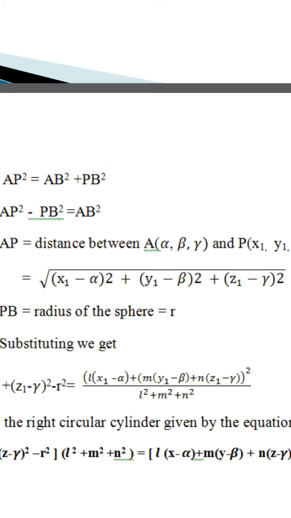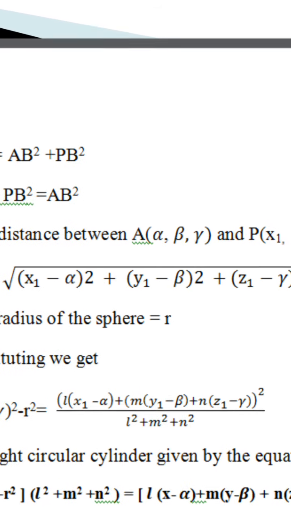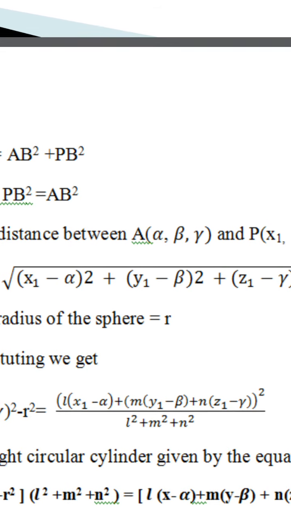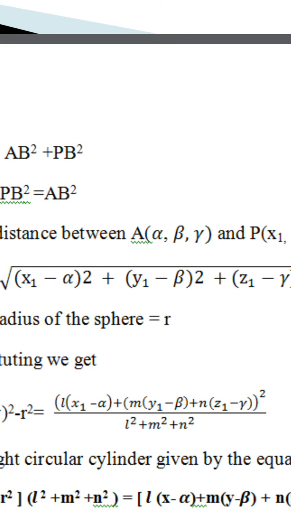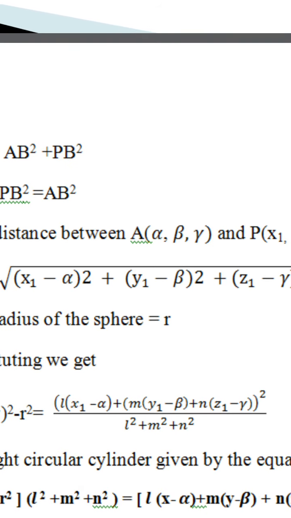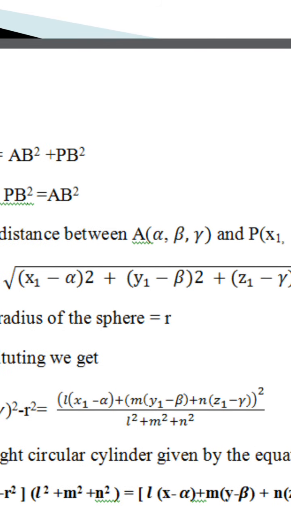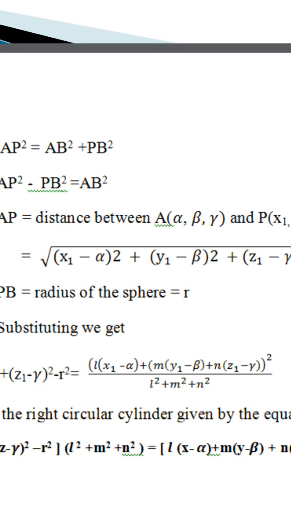If (x1, y1, z1) and (x2, y2, z2) are any two points, then the distance between them is calculated by the formula root of (x2 minus x1) whole square plus (y2 minus y1) whole square plus (z2 minus z1) whole square. Similarly here, the distance between A (alpha, beta, gamma) and P (x1, y1, z1) is calculated using that formula.